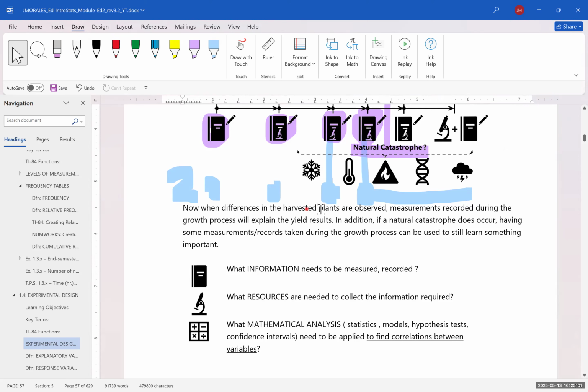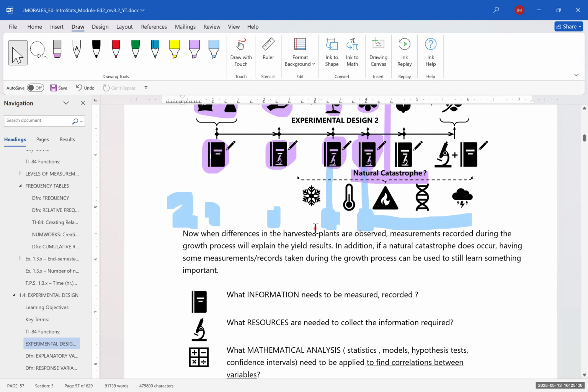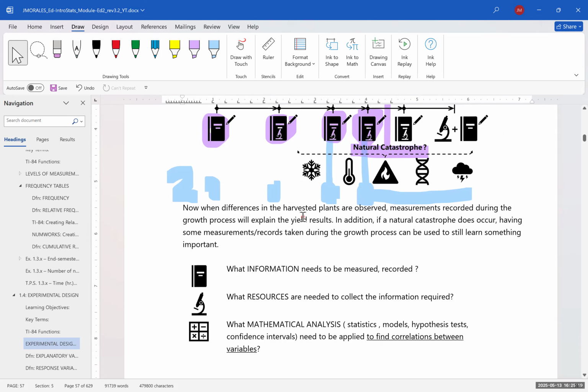So now when differences in the harvested plants are observed, measurements recorded during the growth process will explain the yield results. In addition, if a natural catastrophe does occur, having some measurements or records taken during the growth process can be used to still learn something important. So when it comes to a design of experiments, you need to think about what information needs to be measured, what needs to be recorded. You need to think about what resources are needed to collect the information required. How many people do you need? How many computers do you need?